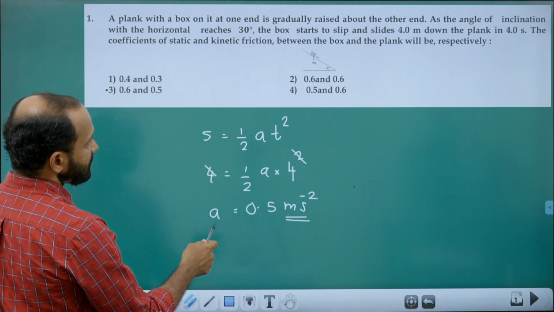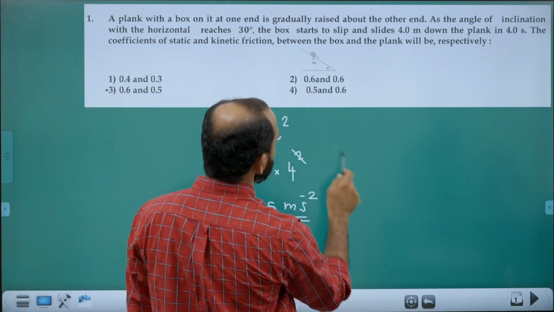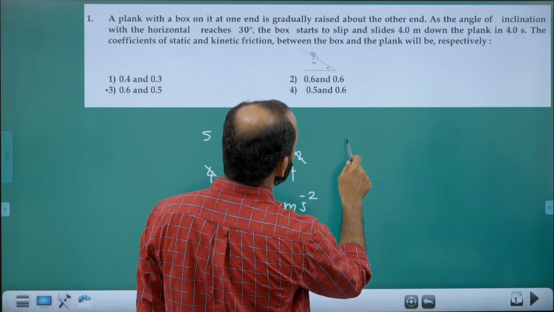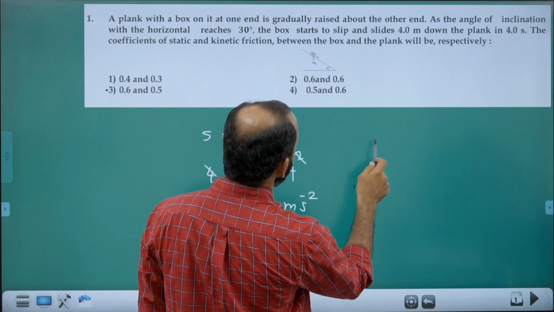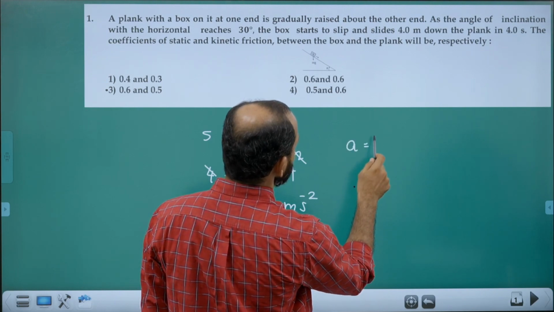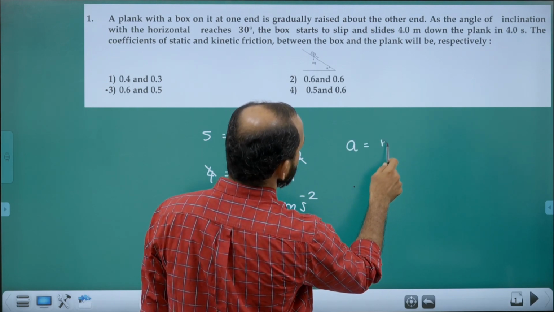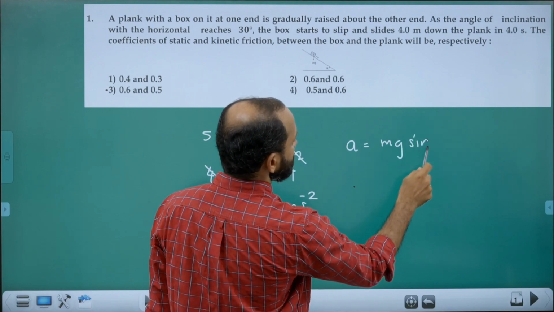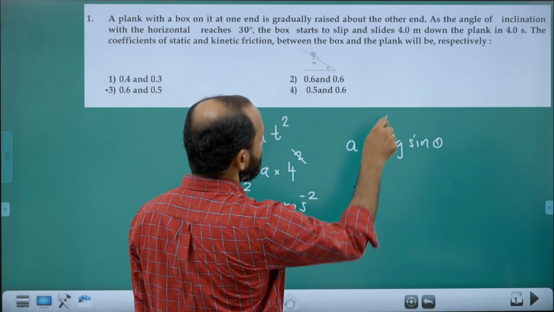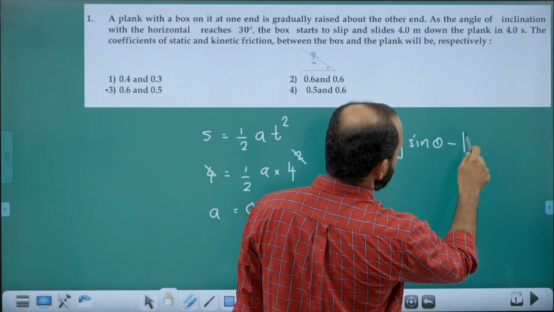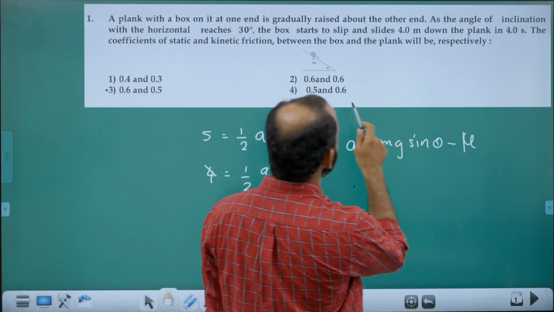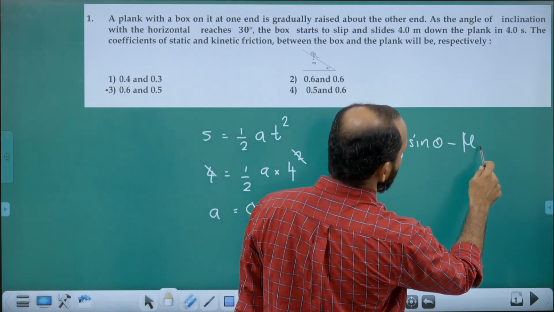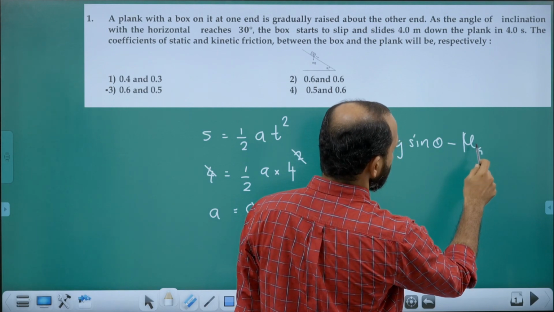Now acceleration is there, and it is a rough inclined plane. You can have the formula for acceleration, net force divided by mass. Acceleration is nothing but net force divided by mass. Net force is mg sin theta acting down the plane minus kinetic friction, mu times normal reaction, where mu is the kinetic coefficient.